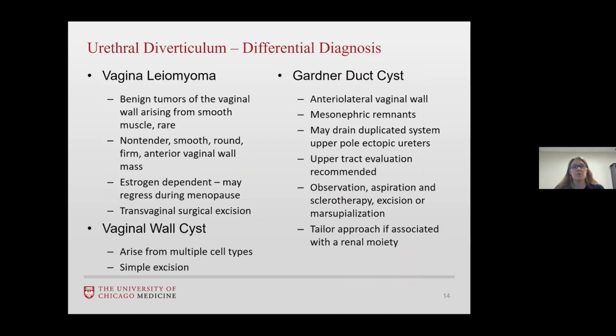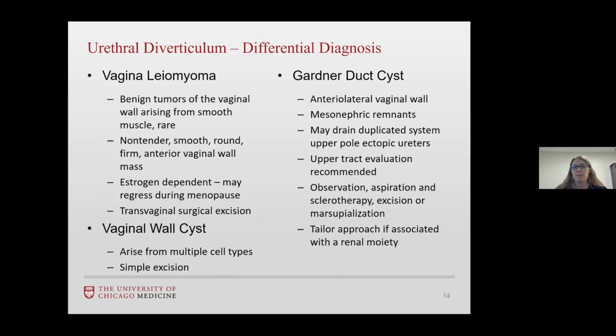Some other ones include vaginal leiomyoma, vaginal wall cyst, or Gartner's duct cyst. Vaginal leiomyomas are benign tumors of the vaginal wall, and they arise from smooth muscle. They're very, very rare. They'll be a non-tender, smooth and round, firm anterior vaginal wall mass. They're estrogen dependent, and they may actually regress with menopause, and you can do a transvaginal surgical excision. Vaginal wall cysts arise from multiple cell types, and it's just a simple excision.